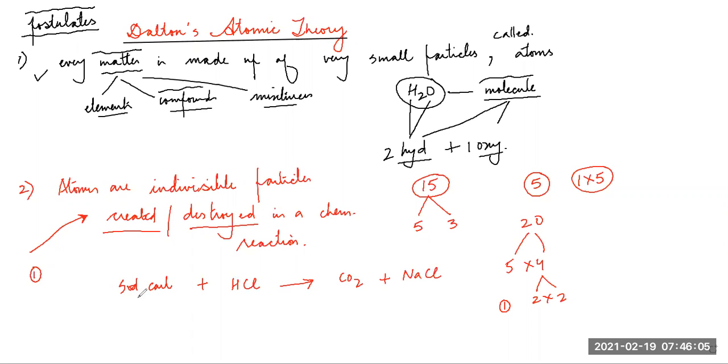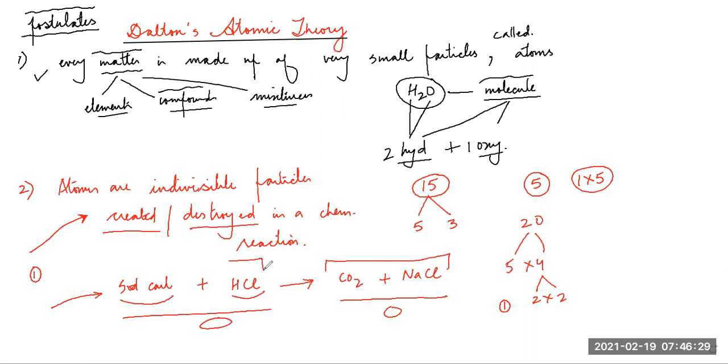Now, students, during this chemical reaction, if some atoms of HCl or sodium carbonate were getting destroyed, then the mass of the products would never be equal to the mass of the reactants. Or if some new atoms were being created, then maybe the mass of products would be more than the mass of reactants, but this is not happening.